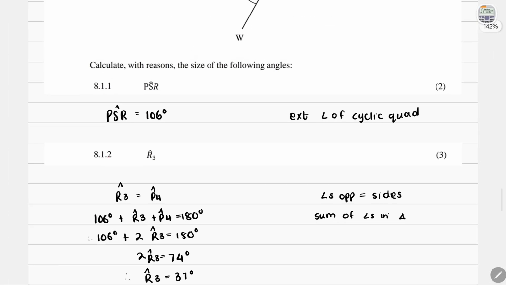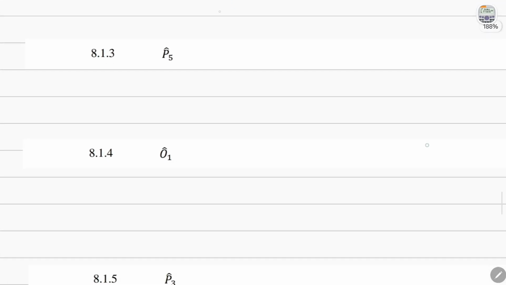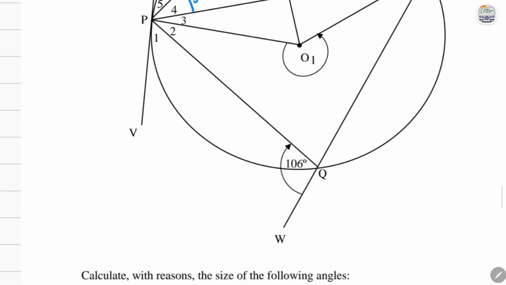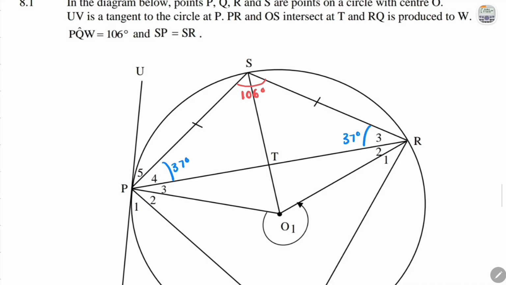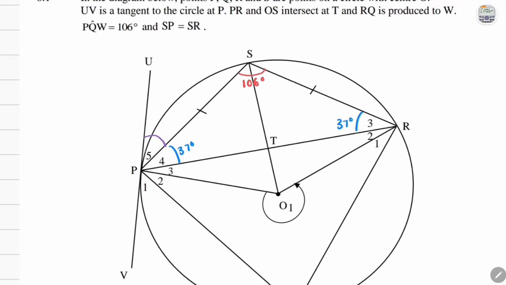Moving on to the next question. The next question, 8.1.3, says we need to find the value of angle P5. So angle P5 is over here. How do we find angle P5? Well, we can see that angle P5 is between this tangent and this chord PS. So it means that it's going to be equal to the angle at the circumference supported by the same chord, which we can see is angle R3.